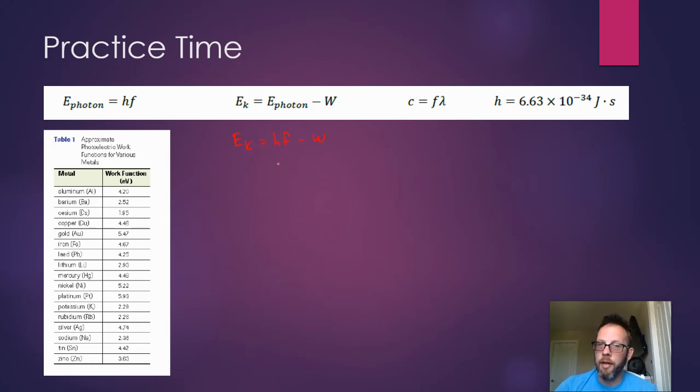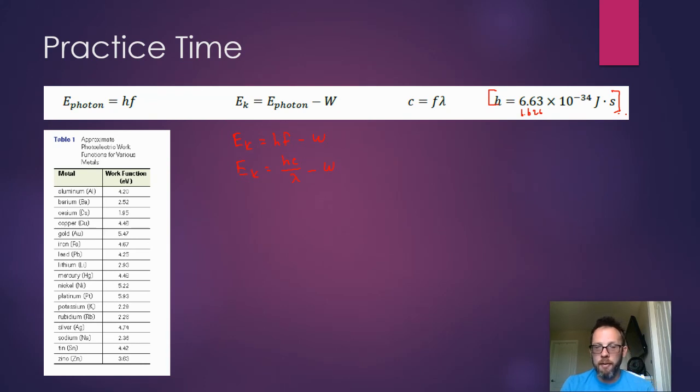Of course, if you're not given the frequency, and you're given the wavelength of the light, you can just rewrite this as EK equals hc over lambda minus W. Those are the same thing. And a reminder that for Planck's constant, I think I said 6.626, but for your work to those sig figs, you can just use 6.63, which is fine.